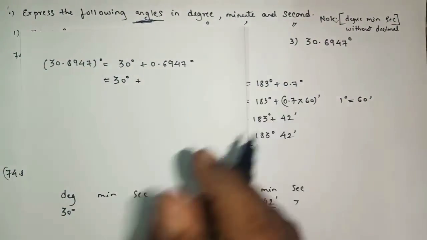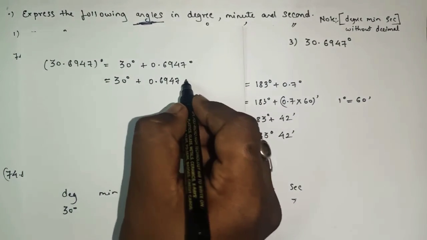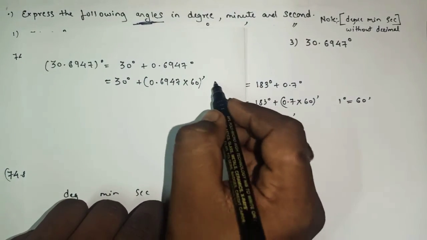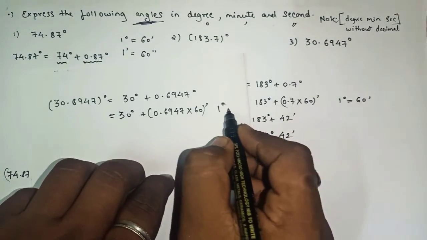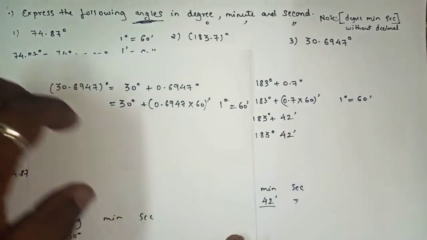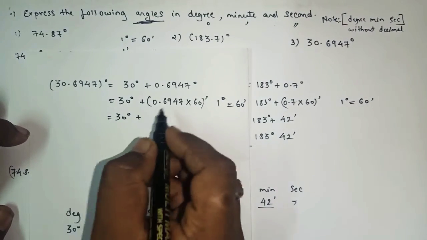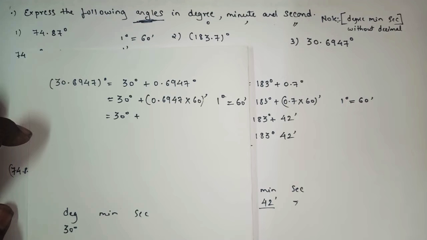Now we'll convert this decimal number into minutes. Simply you will multiply this by 60, so it will get converted into minute, as we know that 1 degree is equal to 60 minute. We'll keep this 30 degree as it is, and multiply 0.6947 into 60.